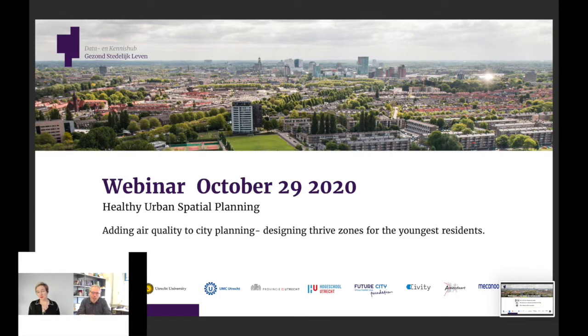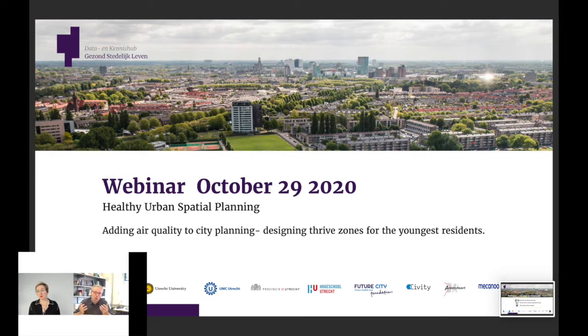If I may, we talked in the webinars before summer about smart monitoring. How can we actually do novel sensors, for instance, on bikes, which we talked about in the Sniffer Bike project, where citizens collect data. But it's of course not only citizens that collect data, it's also public institutions like the RIVM that collect data about our living environments.